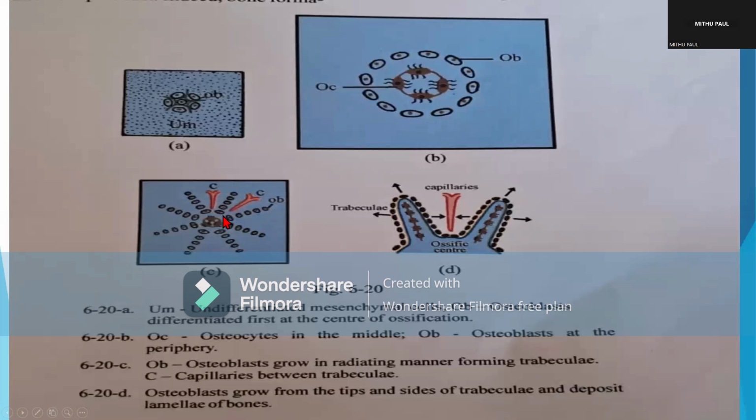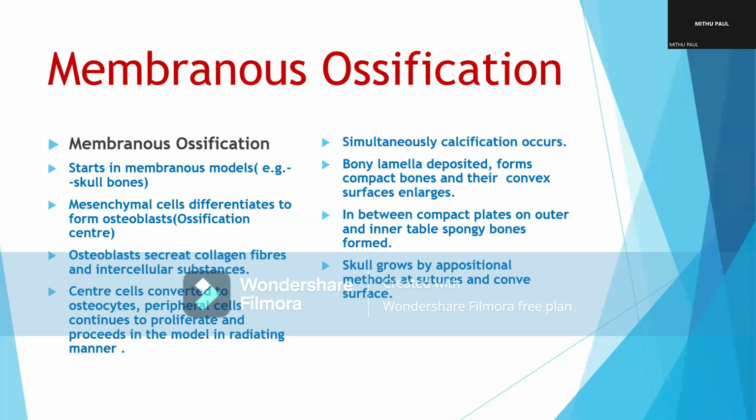Osteoblasts to osteocytes, plus deposition of the intercellular matter and their calcification, lead to bone formation, and this way the entire model gets converted to a bony model. This form of ossification is known as membranous ossification.